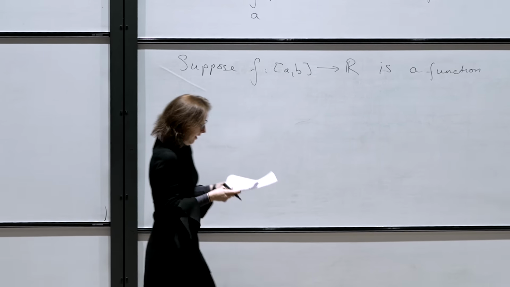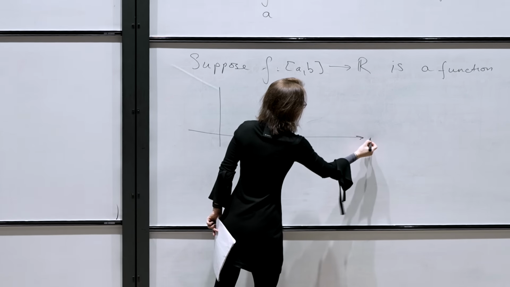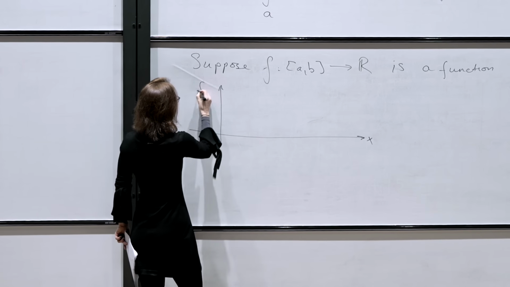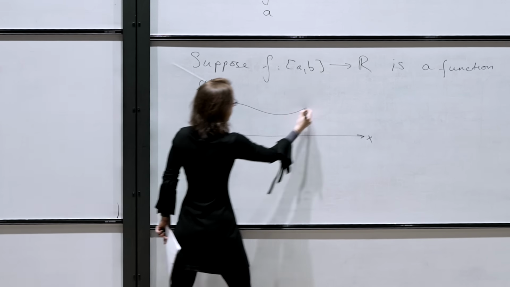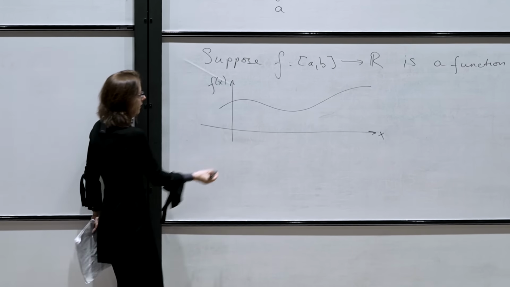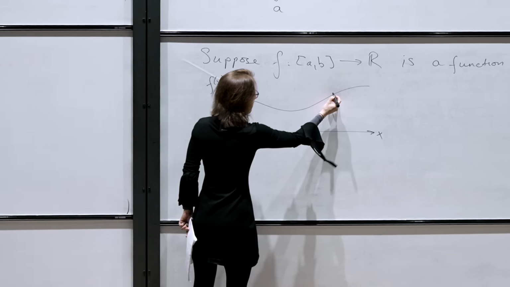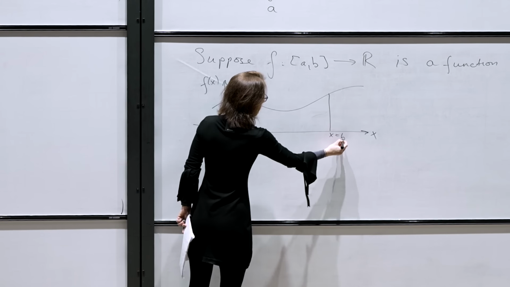Okay, so we can sketch f. So anything you like. So we have x along here, f of x along here, and we draw some nice continuous function. Okay, and then we can think about what happens when I integrate between x equals a and x equals b.